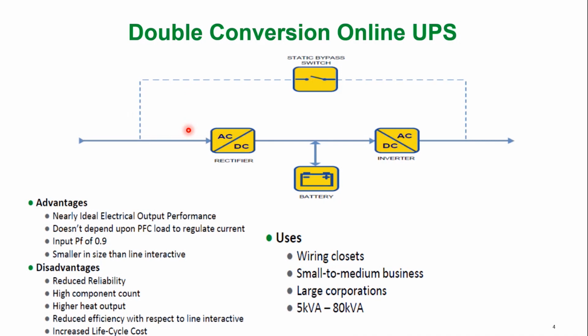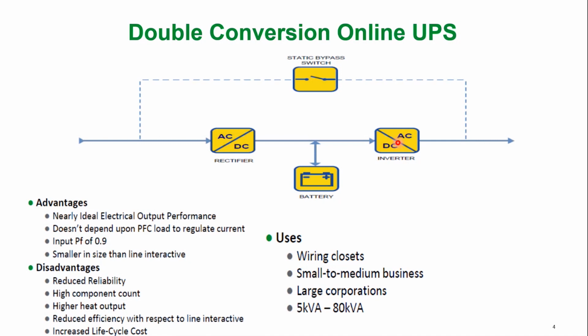So we can see here the dark path. The rectifier and inverter sections are directly connected to the main power supply, and hence there is no transfer or transmission of power happening. So the AC to DC conversion through the rectifier and DC to AC conversion through the inverter section is happening at the same time whenever the power is available.